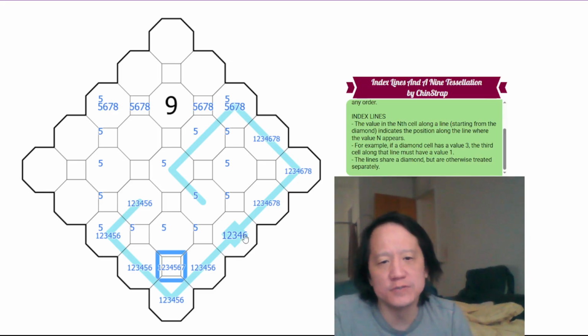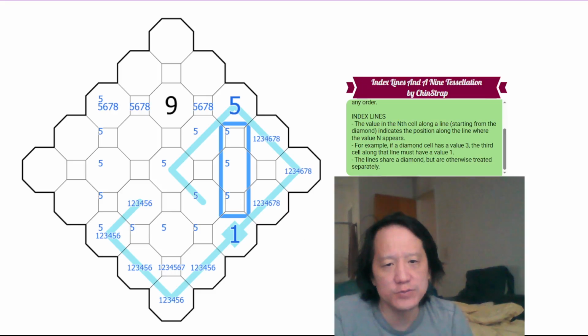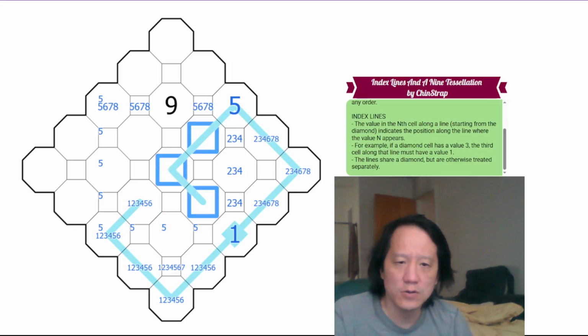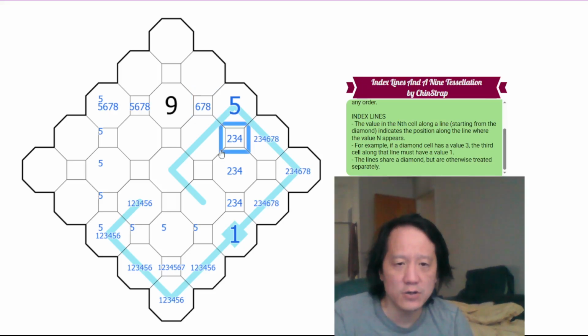What happens if this is 1? If this is 1, that means this must be 5, and this must be 2, 3, and 4. Interesting. So that means 1 cannot be here. 5 cannot be here. 5 cannot be here.